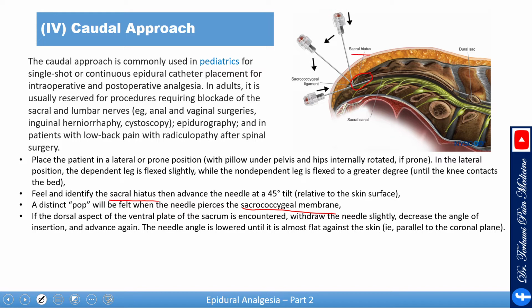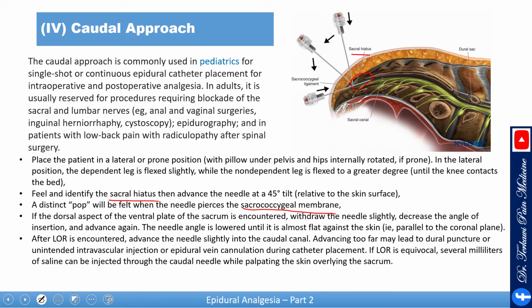Once you enter and loss of resistance is encountered, you can do this with loss of resistance also, advance the needle slightly into the caudal canal. Advancing too far may lead to dural puncture or unintended intravascular injection or epidural vein cannulation during catheter placement.